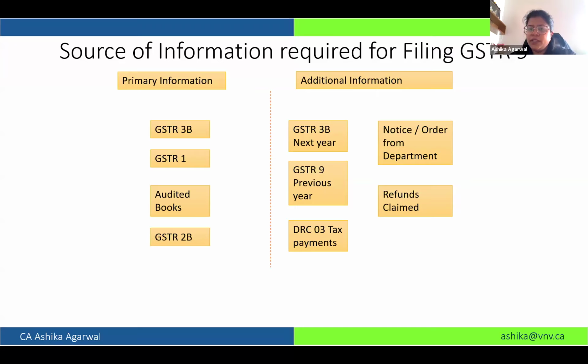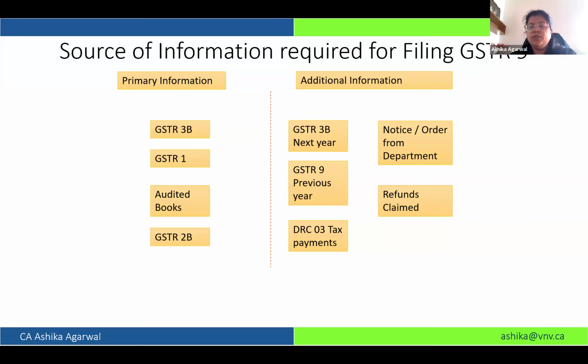GSTR 9 of the previous year is also needed. Items like Part 5, which is there in the current year, such as 24-25 reported in 25-26. Similarly, 23-24 may have an impact in 24-25 also. So we need the previous year data to see what the impact would be, whether there is any reduction or increase in liability.